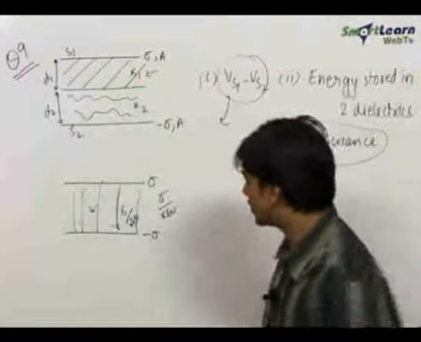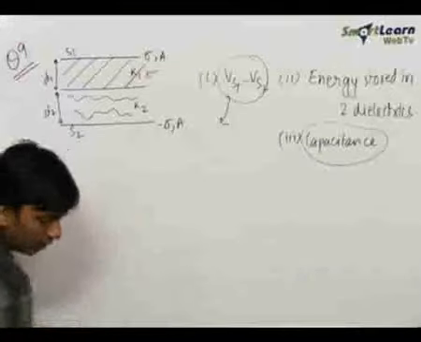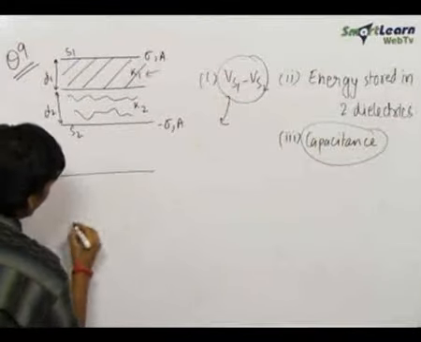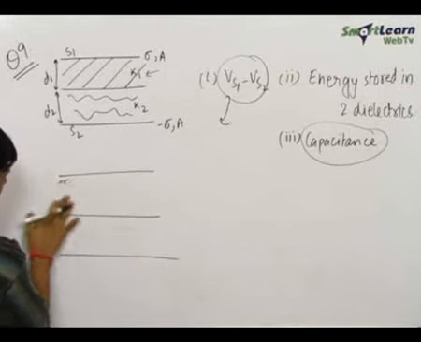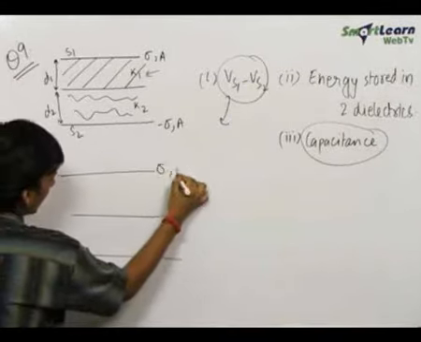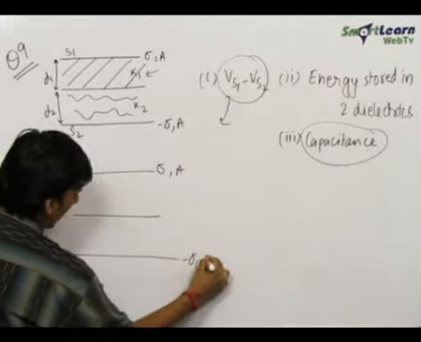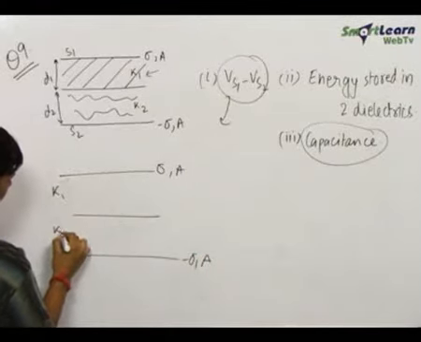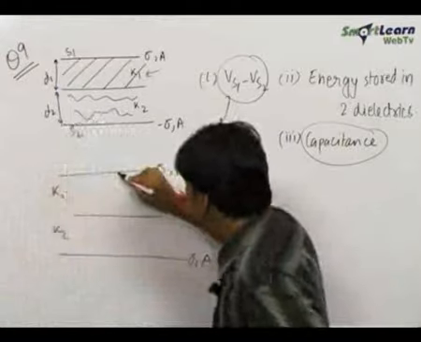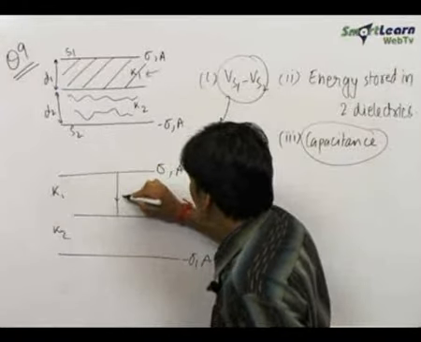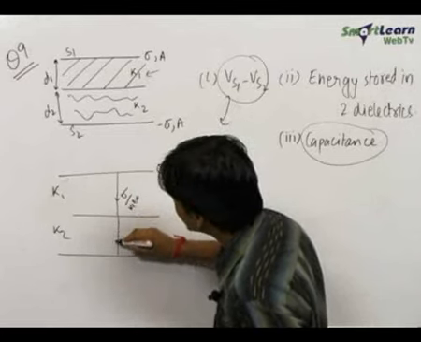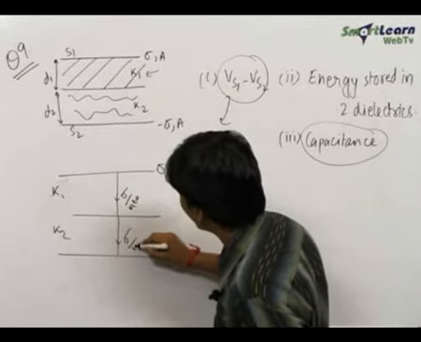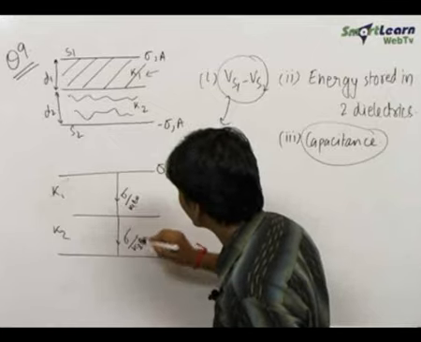So by applying this logic in the above given question, this was a material K1, this is sigma, this minus sigma, this is K1 and this is K2. The electric field in this region is sigma upon K1 epsilon 0. The electric field in this region will be sigma upon K2 epsilon 0.